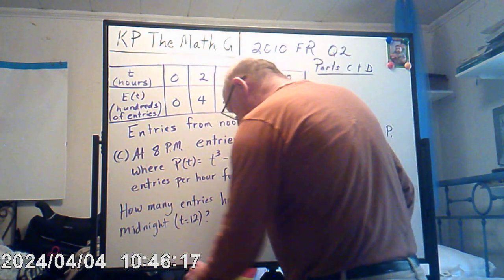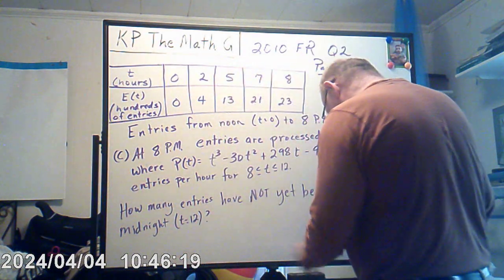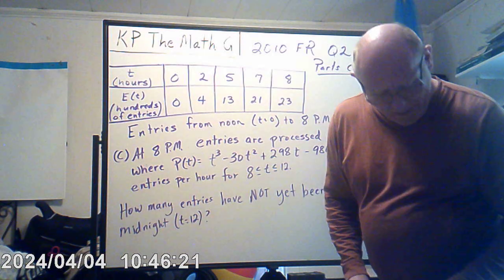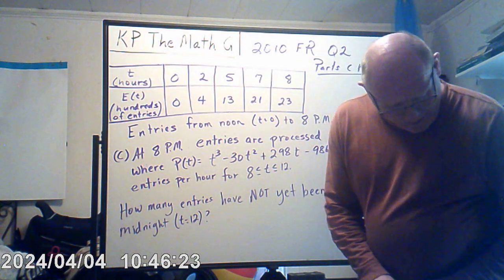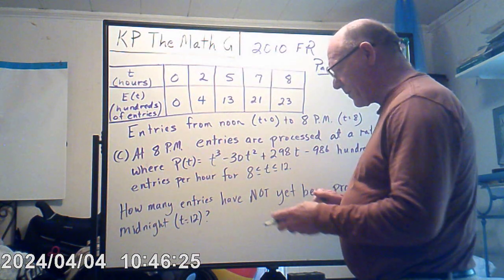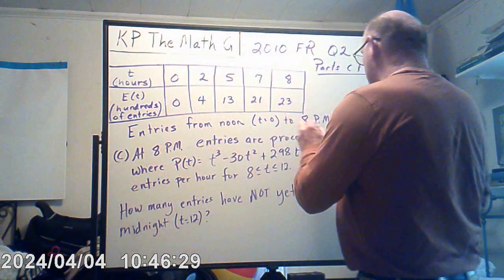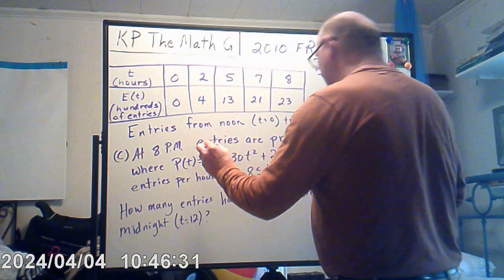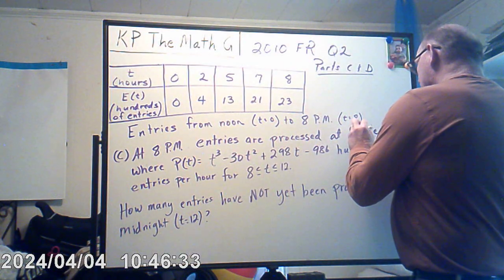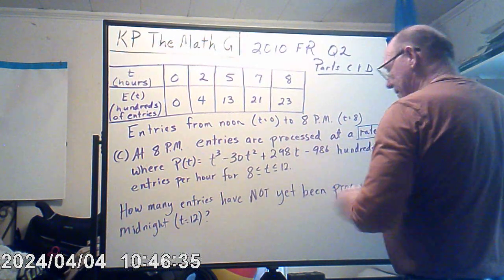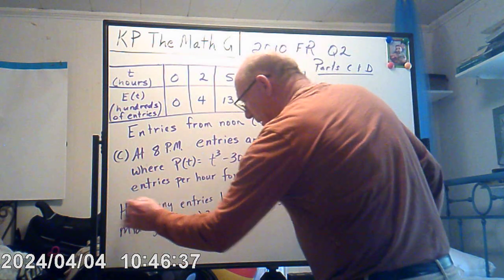Now, how many entries? When I see the word rate right here, where's that word rate at? Now how many?